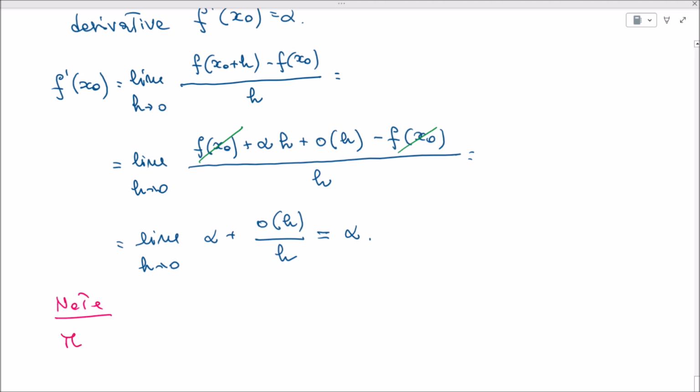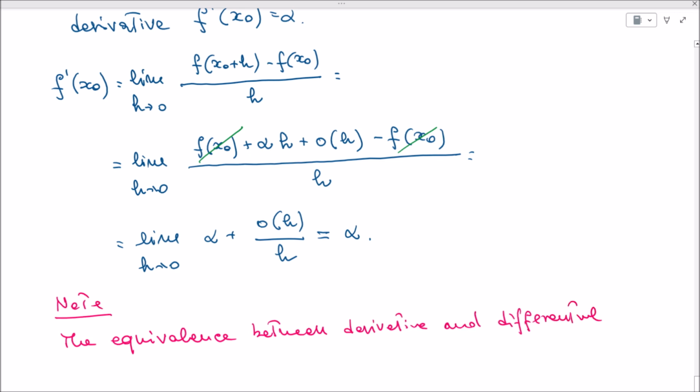The equivalence between derivative and differential is not present in functions of two or more variables.